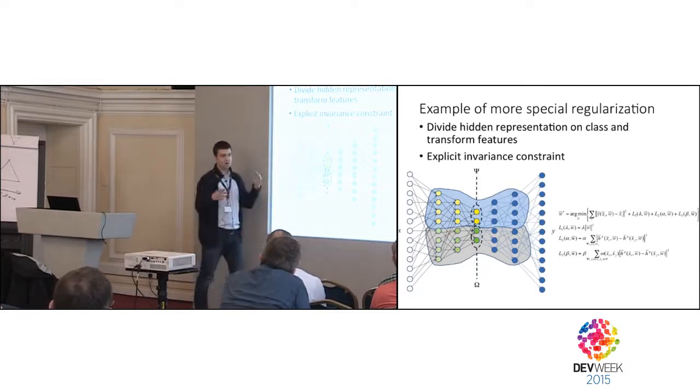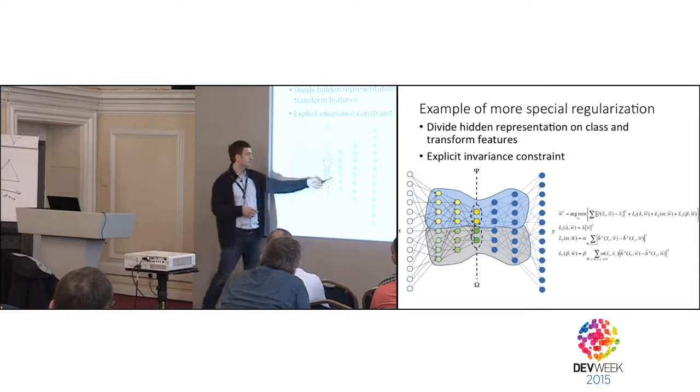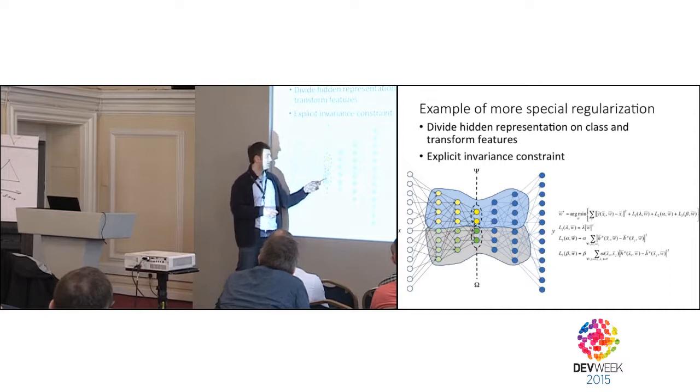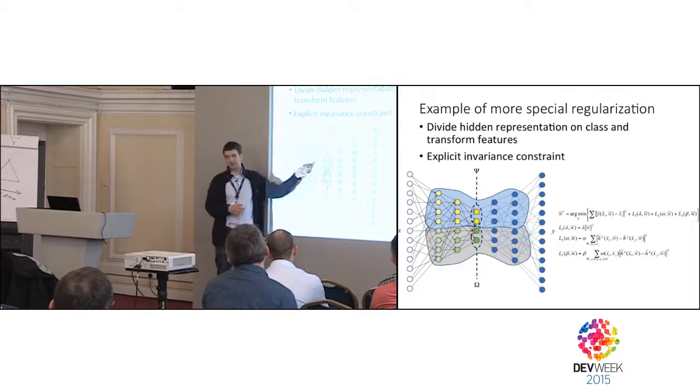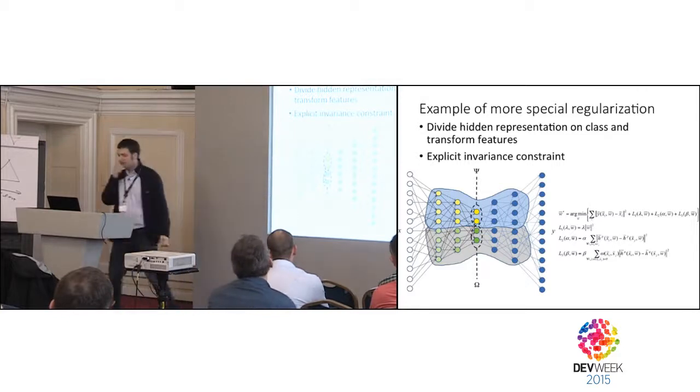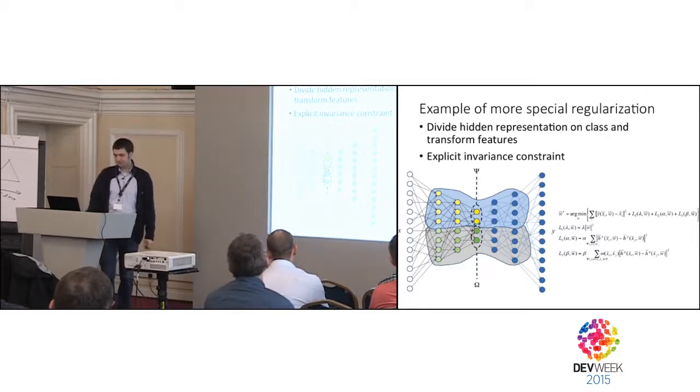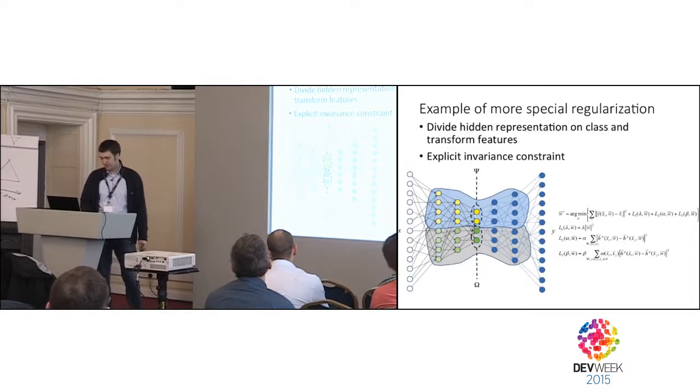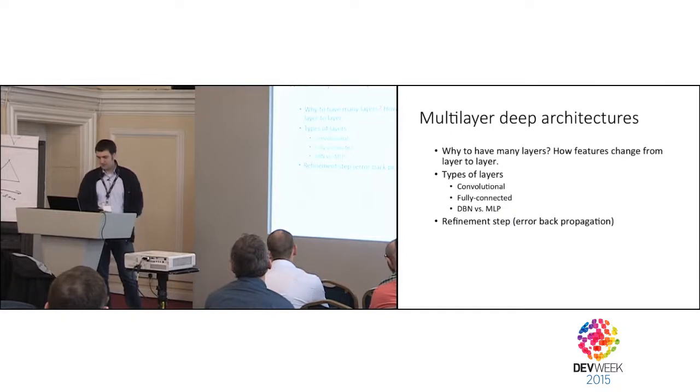And if we have two objects with the same lighting conditions, but of different class, we want these neurons to output the same numbers, and these to change as the class has changed. So that's where the current studies go in this direction, and that's what is being studied right now in the society.